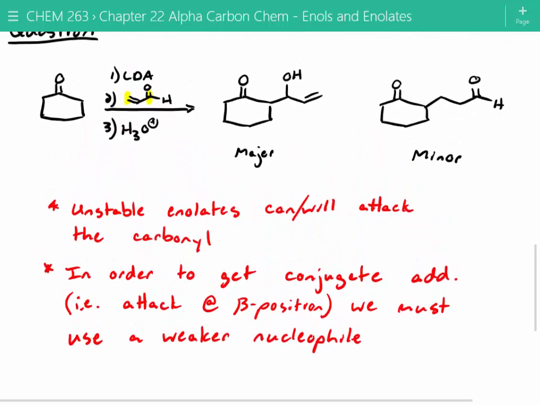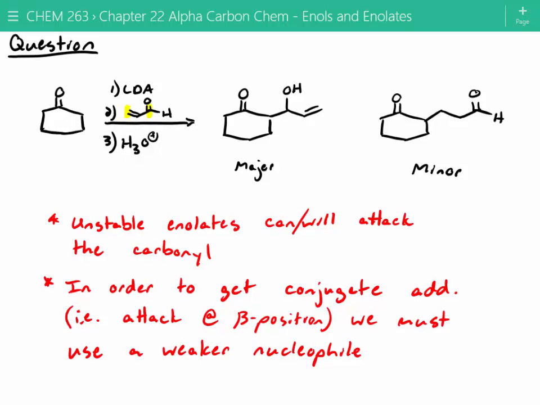So the question is, how can we turn this ketone into an enolate that's a relatively weaker enolate?